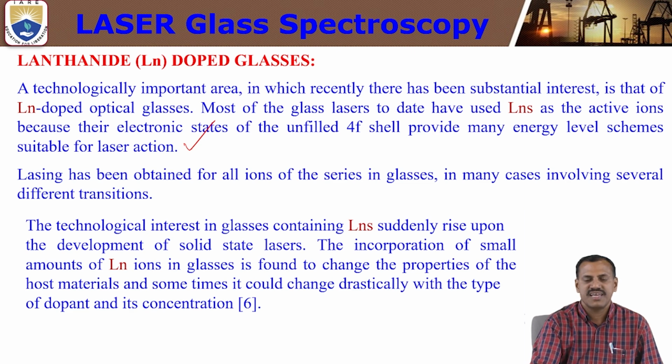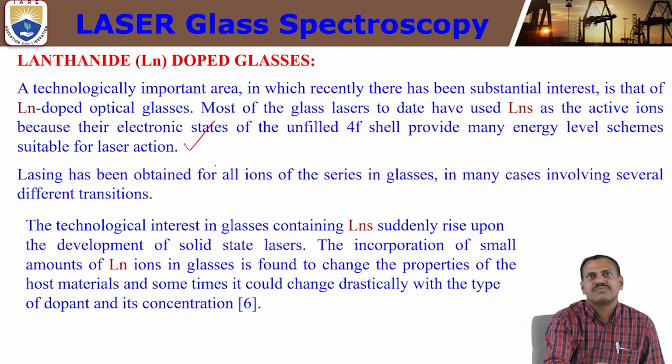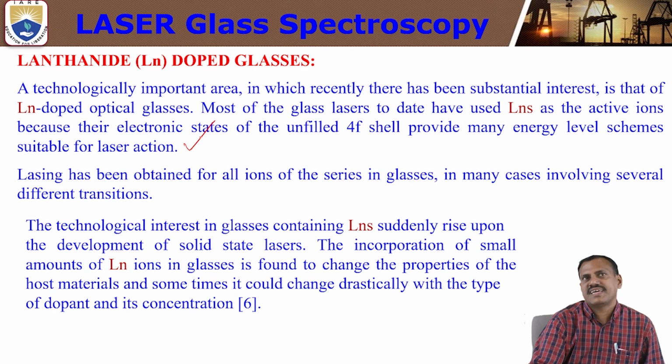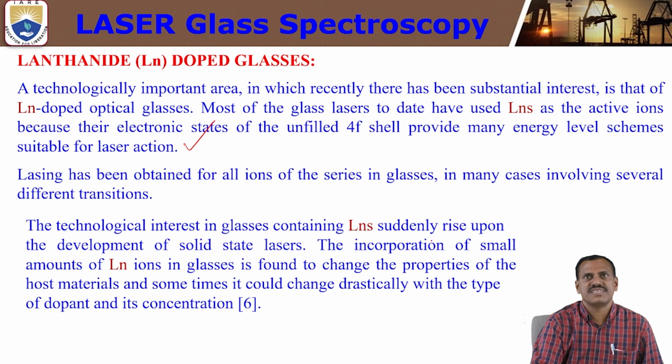Each and every lanthanide ion, such as samarium, dysprosium, praseodymium or erbium, shows a different kind of energy levels, so each rare earth element has individual properties. By using these properties, we can develop laser glasses suitable for laser action. Lasing has been obtained for all ions of the series in glasses, in many cases involving several different transitions.